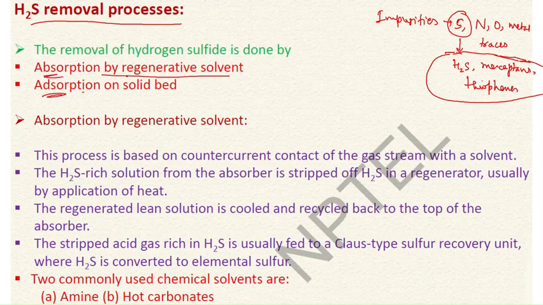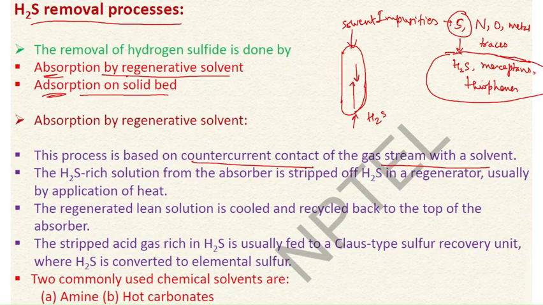Absorption by regenerative solvent or adsorption on solid bed. So coming on to the procedure of absorption by regenerative solvent, this process is based on countercurrent contact of the gas stream with the solvent. What happens is, suppose it is a tower, then solvent comes from the top, and this H2S gas is introduced from below, and countercurrent contact of this solvent and gas stream is done.